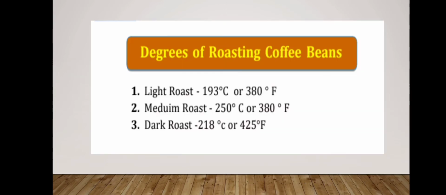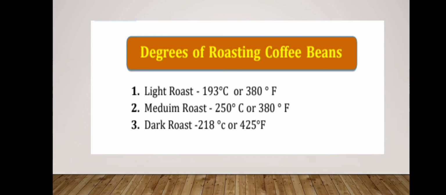So, these are the degrees of roasting coffee beans. Kapag light roast, ang gagamitin nating temperature is 193 degrees Celsius or 300 degrees Fahrenheit. When it comes to medium roast naman, 250 degrees Celsius or 380 degrees Fahrenheit.